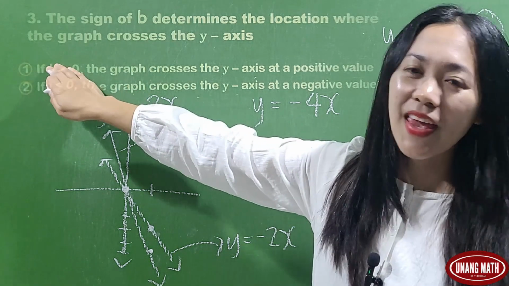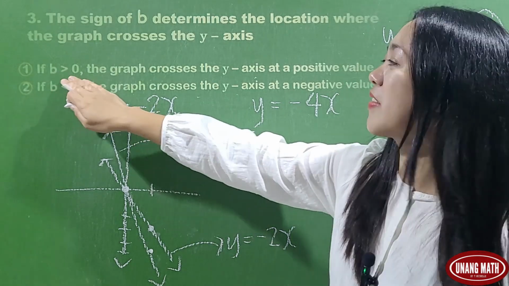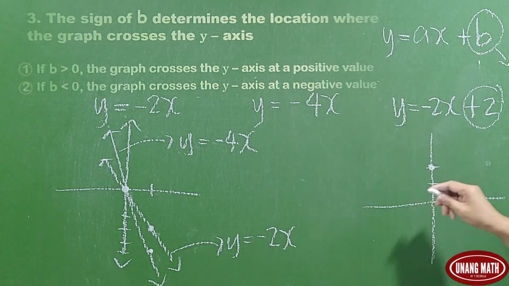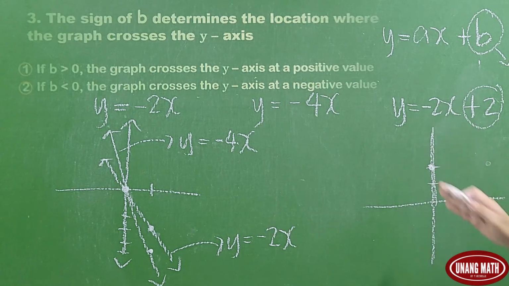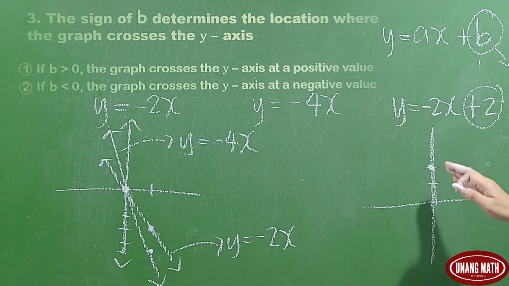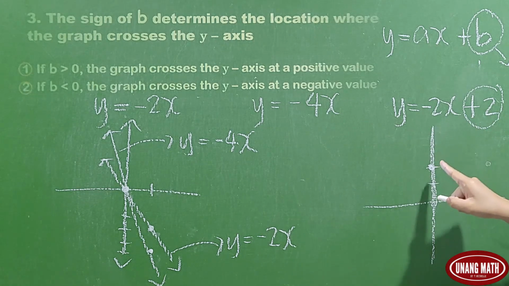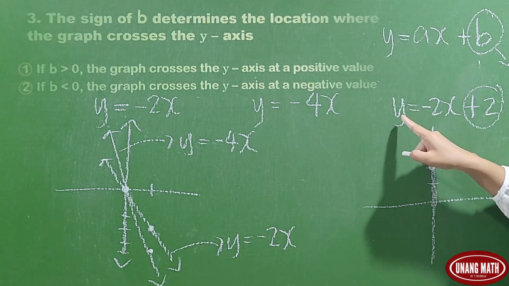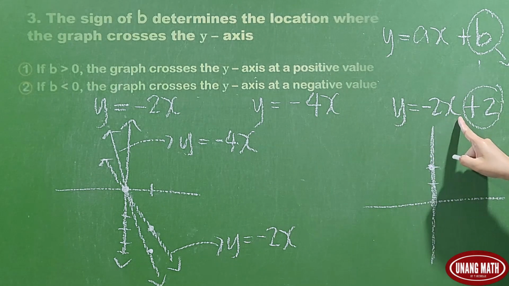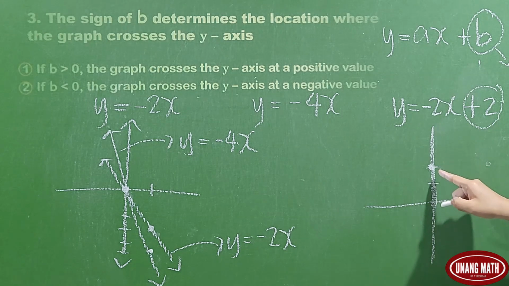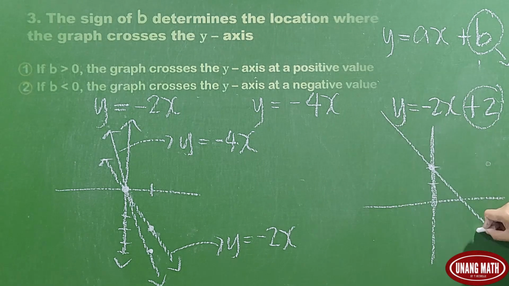So if b is more than 0, or a positive number, then the graph crosses the y-axis at a positive value. If we are going to draw the graph of y is equal to negative 2x, since this is negative, then we can expect that the graph slopes downward.